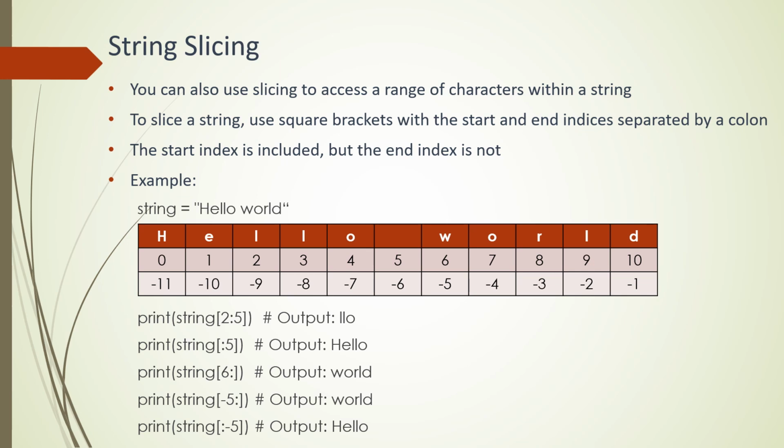If you want to print the first 6 characters, set the start index to blank and the end index to -5. The output will be hello and the space. String slicing is a useful tool for extracting substrings from a large string.